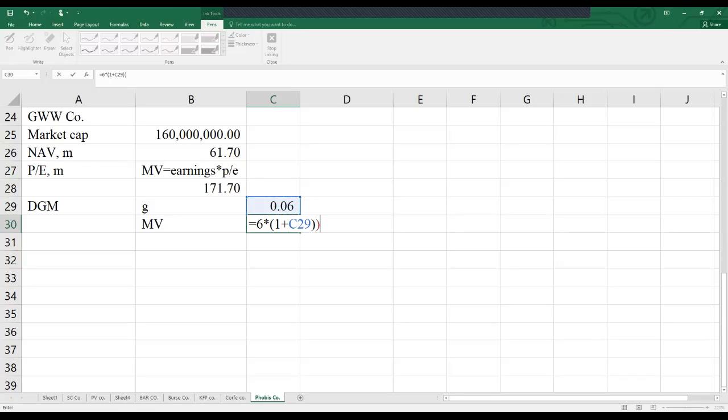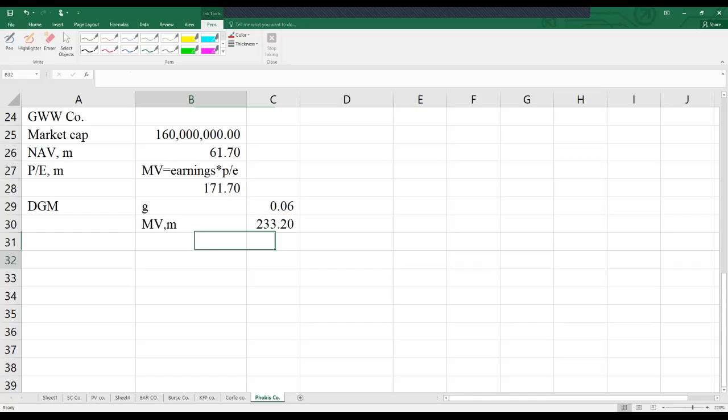All that should be in brackets. We divide by the denominator, the cost of equity, which is 0.09, minus the growth, referring back to the working. This gives the market value of the company as 23.3 million.